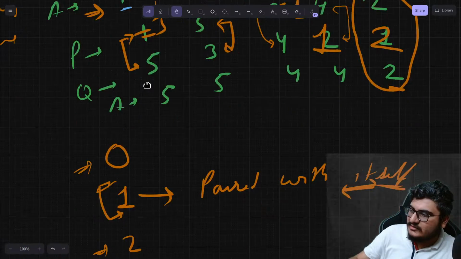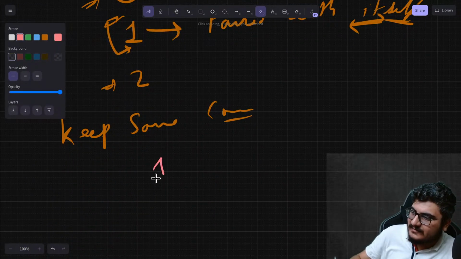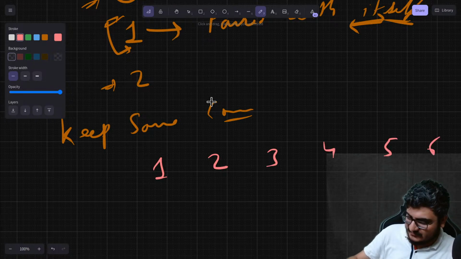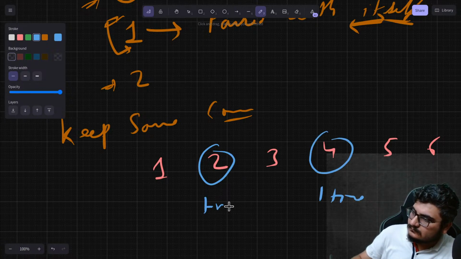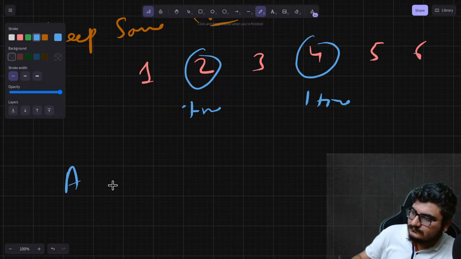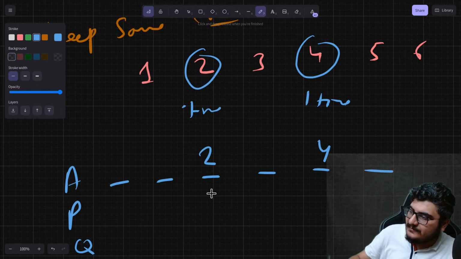Next thing I am trying to do is, all the remaining numbers appear 0 or 1 times. Let's say we have 1. These are the numbers we have. Let's say we have decided 2 and 4 will appear one time. So at the place where in A it's appearing 2 here and 4 here, then what I am saying is, in P and Q, keep both the places as 2.